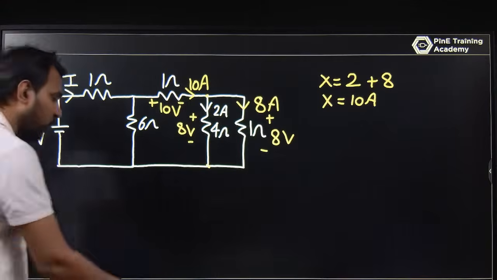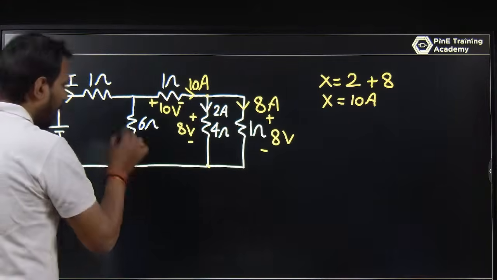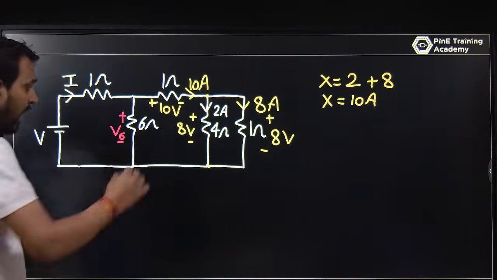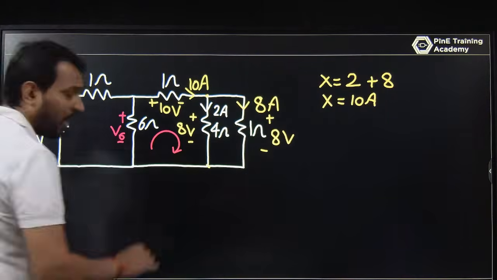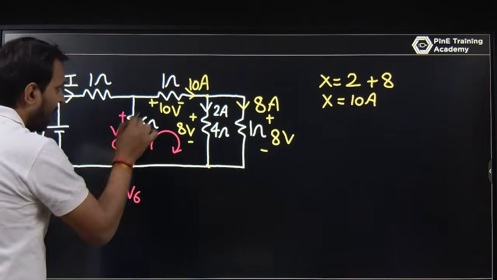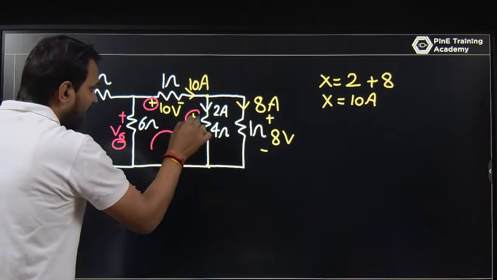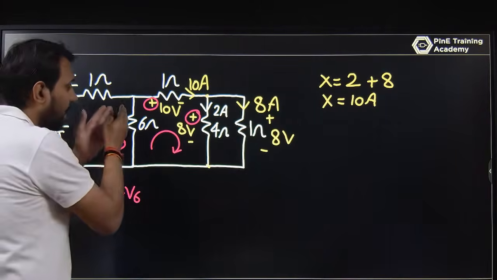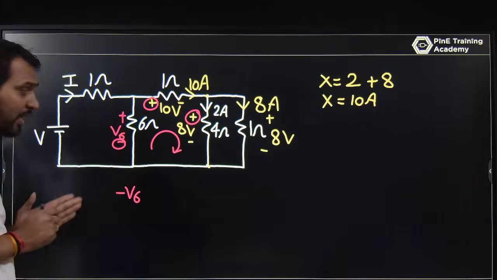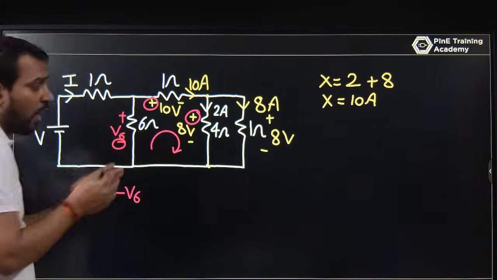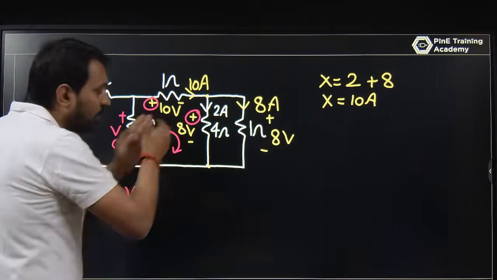So I am assuming plus minus V6 and using basic KVL in this loop. Minus V6 is the first sign. I am always taking the first sign. Or you can take minus to plus as increasing, that is plus V6, and plus to minus as decreasing, that is minus 10 volt, and minus 8 volt.